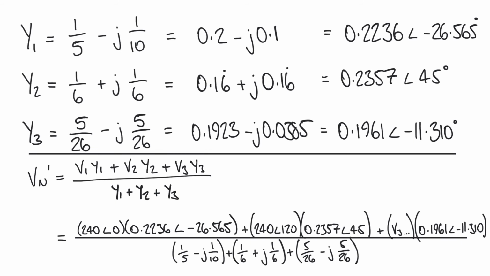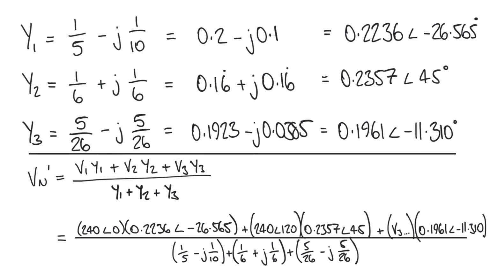So looking at the numerator of our example here, you can see that we have these sort of double brackets 3 times here, and these are both in polar form. And so when we multiply two numbers in polar form, we simply multiply the magnitudes of each and we add the angles of each.